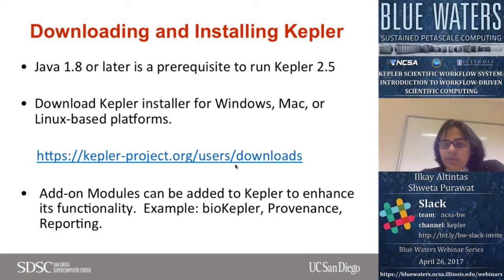Once you download the installer for Windows and Mac, you can click on the installer and follow the process as you do for other applications that you install. It's very simple. And for Linux, it's a tarball. You can download the tarball, untar it, and start Kepler using the Kepler script.